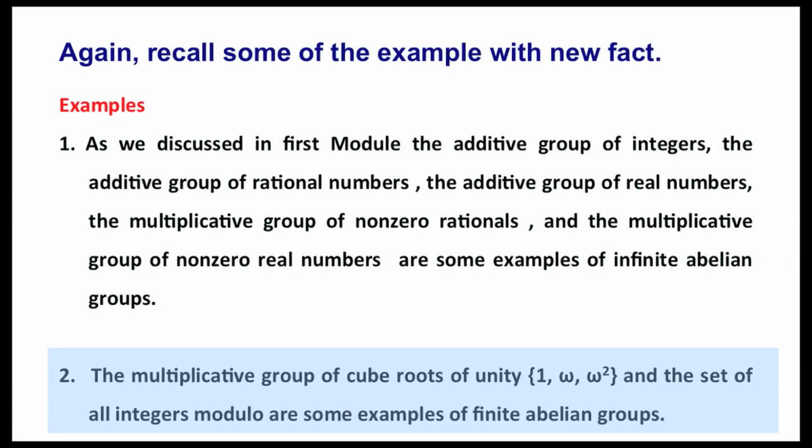The multiplicative group of cube roots of unity, that is 1, omega, omega square, and the set of all integers modulo n, Zn, are some examples of finite Abelian groups.